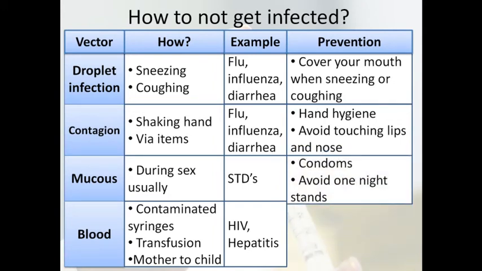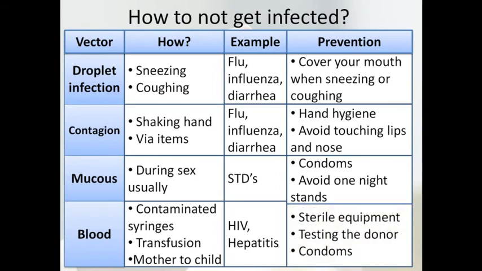Mucous tissue carried disease can be avoided by using condoms and avoiding also one night stands when you don't know the partner you're having sex with. And blood related diseases can be avoided with sterile equipment, and also testing the donor of the blood, making sure he or she has no contamination, and also use of condoms.